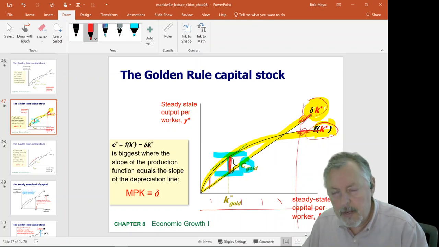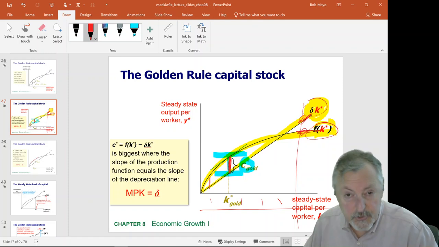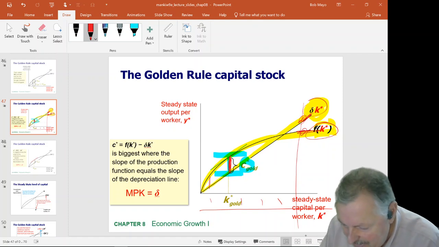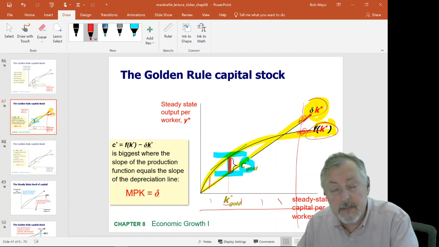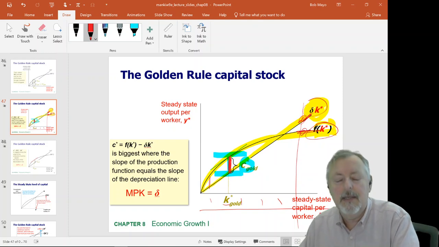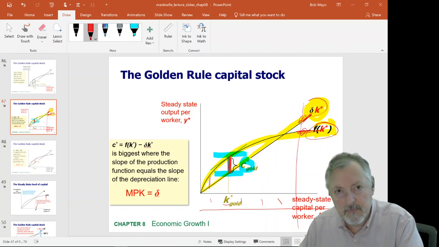The one you would choose is this one right here, because this is the one where the distance between these two is greatest. Consumption per worker is maximized. You have the highest possible standard of living.